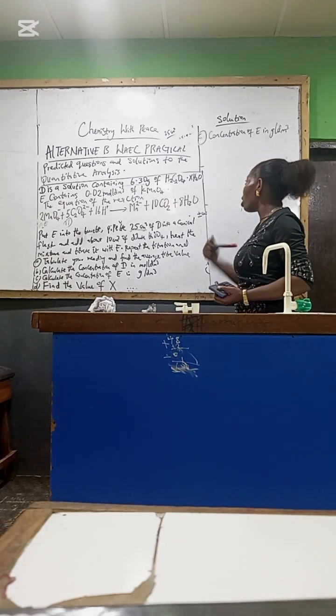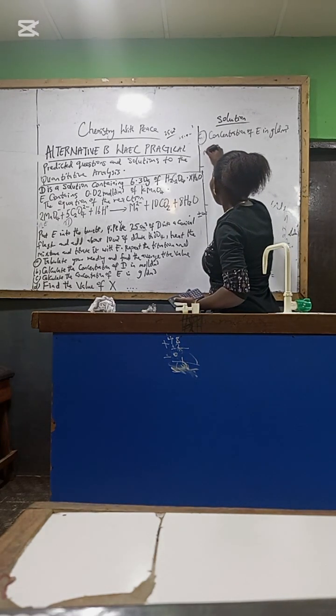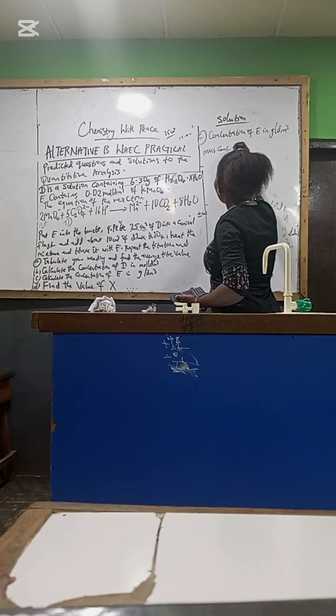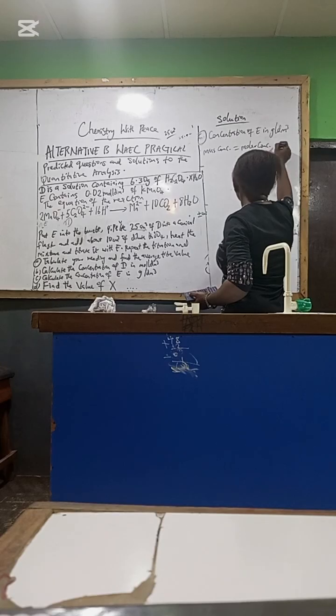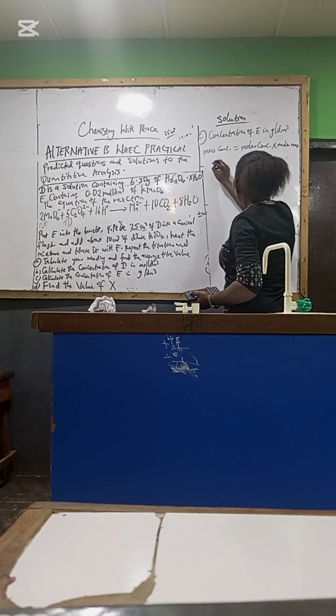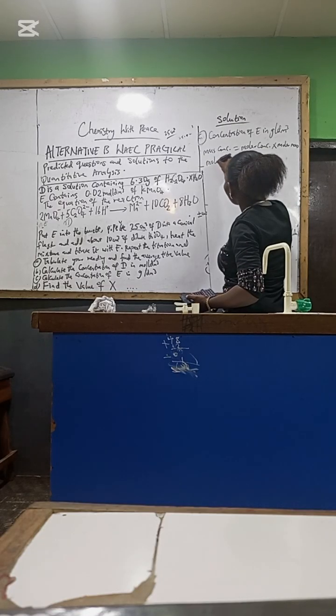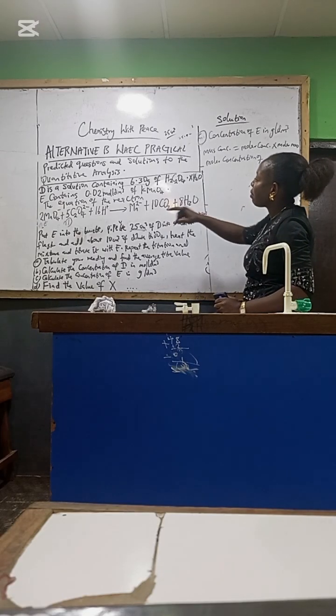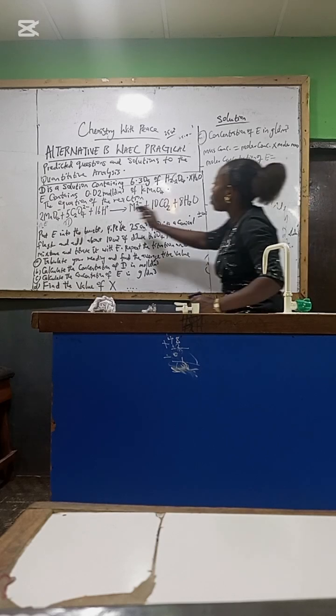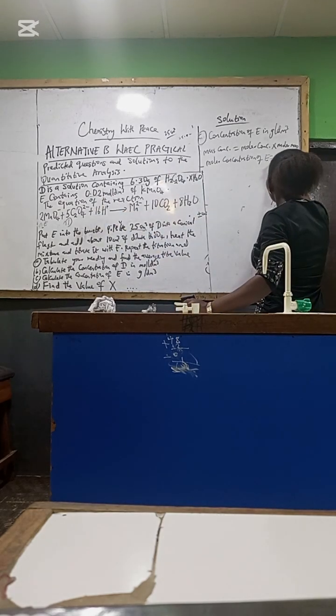So we are going to use the formula mass concentration is equal to molar concentration times molar mass. And the molar concentration of E is given to us in the question as 0.02 mole per dm cube.